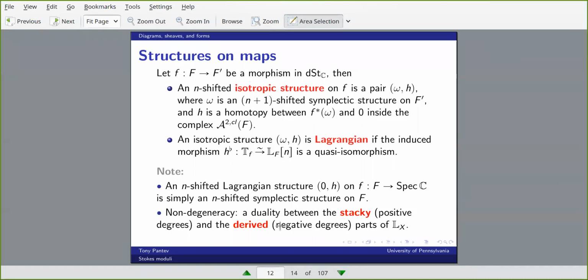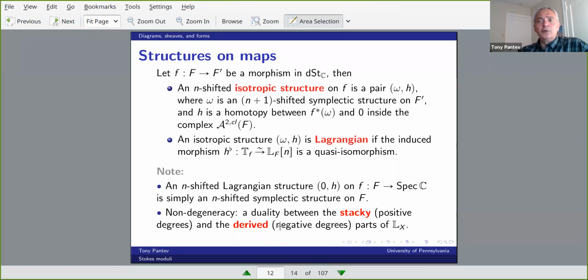Excuse me, is it finite degrees in both directions? Yeah, it's a perfect complex. For things that are not locally finite presentation, there is a notion of almost locally finite presentation, which is due to Gaitsgory and Rozenblyum, which is essentially as good for this theory as the locally finite presentation, and you get many more examples where your complexes are not necessarily perfect, but they're kind of perfect.